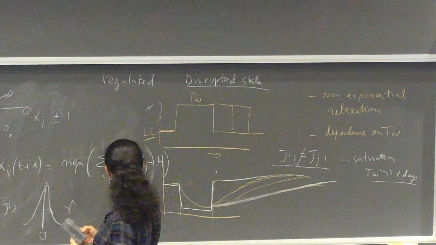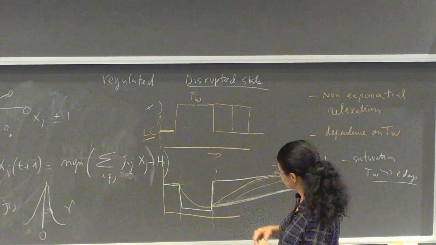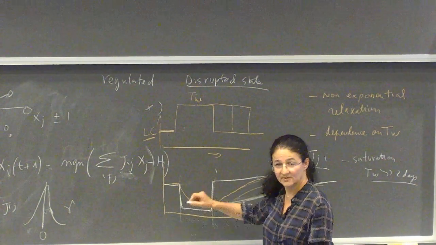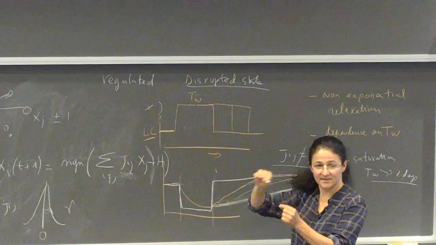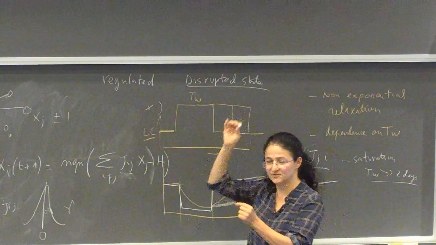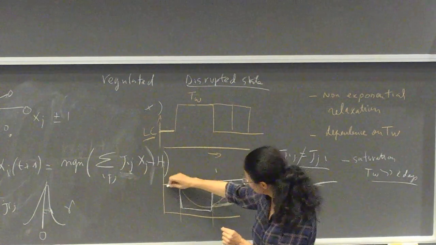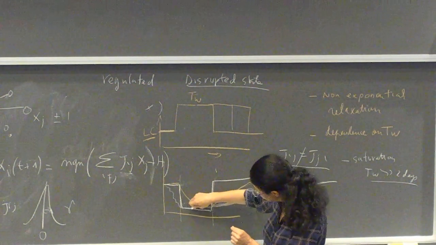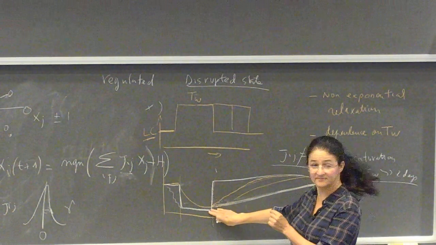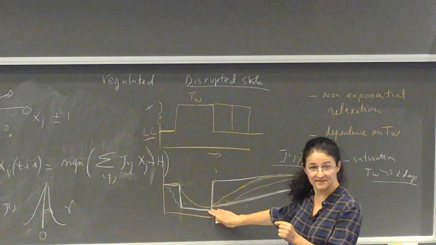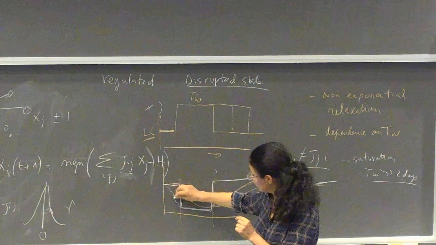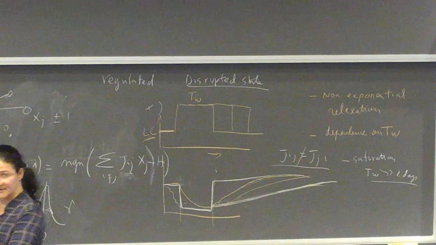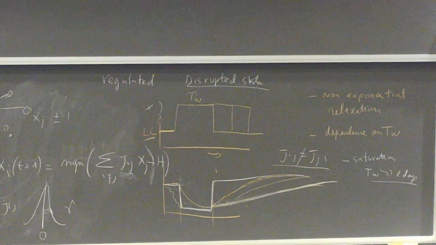So it means that if we do the same experiment and we apply the same stress, but instead of doing it abruptly, it's a chemical that we add externally, we add it gradually. So we do it in a few steps, and then we maintain it for the same amount of time. Now what we see is that we have allowed the system, it's like an adiabatic switching on of the stress.